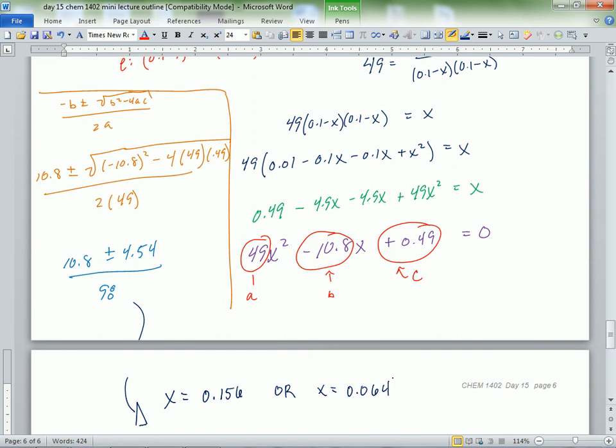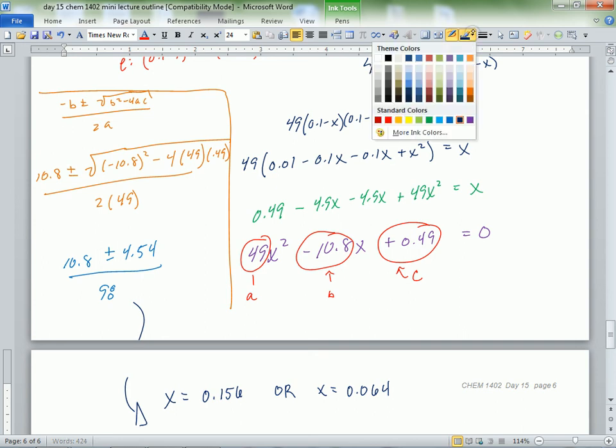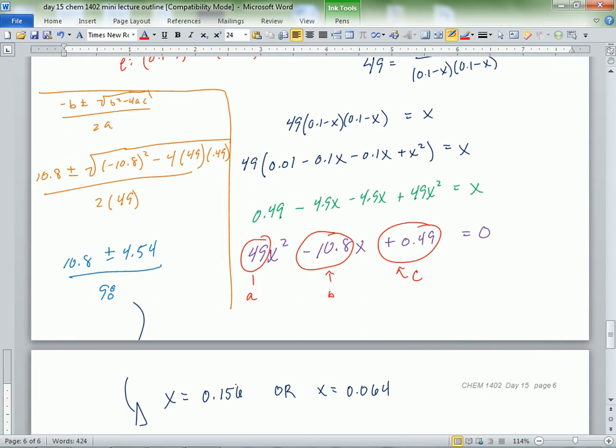So I don't know, maybe with rounding, you may have got something a little different, but hopefully you got these two for your X. And which one turns out to be wrong? 0.156 is too big, because those two X, 0.1 minus X, that's going to be negative answers.